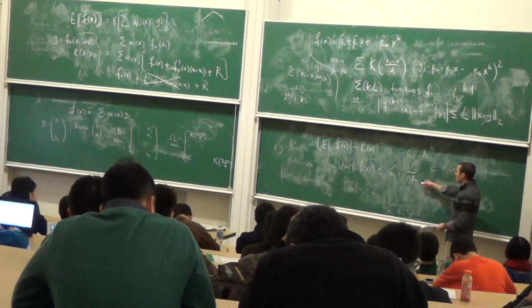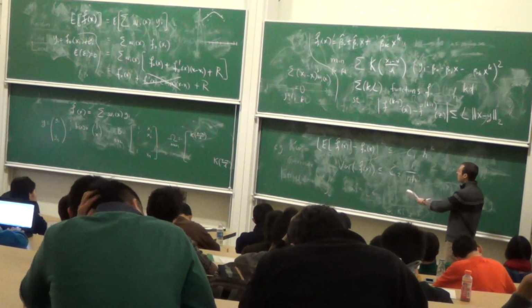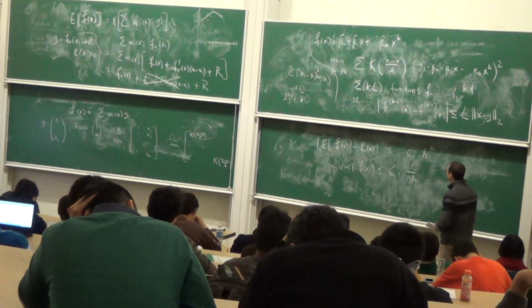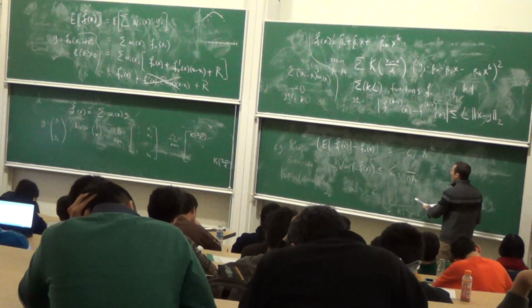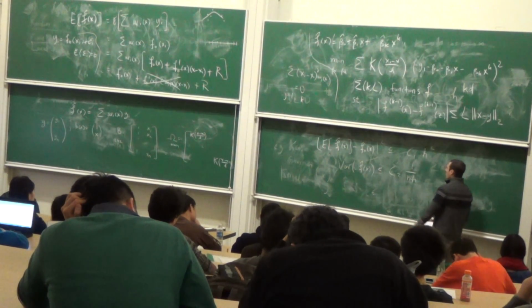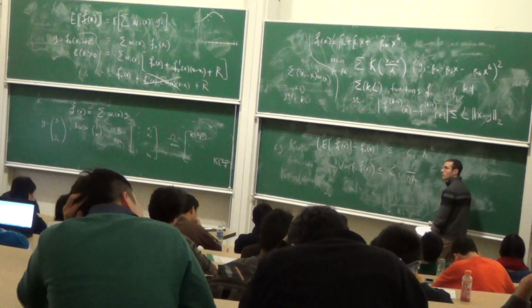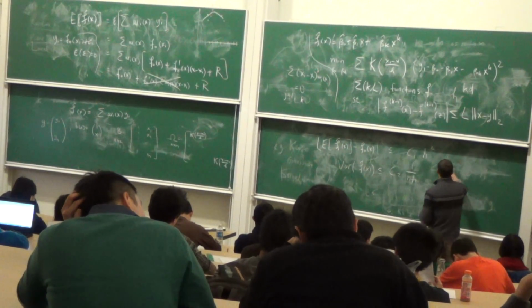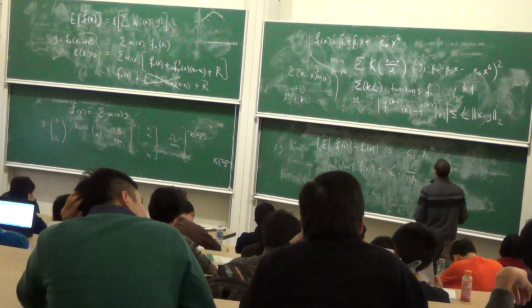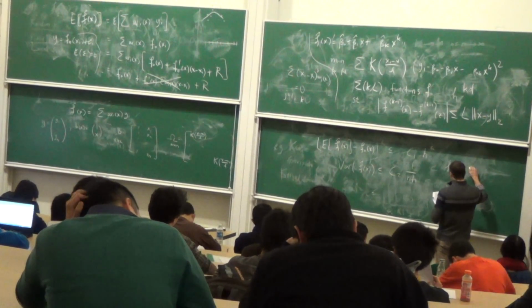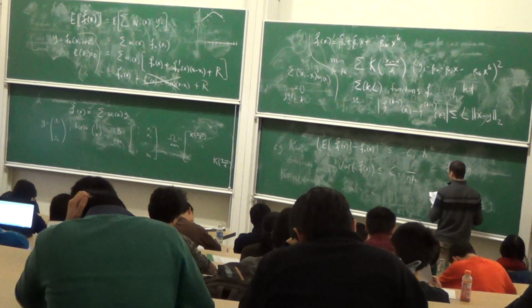By the way, this comes from Taylor series. It actually mimics very closely the arguments we made for density estimation in Larry's lecture. And so then the mean squared error is less than or equal to the sum of these two. If I want to optimize over the choice of bandwidth, the best bandwidth to minimize the sum of these two, I can just take a derivative with respect to h and set it equal to 0.